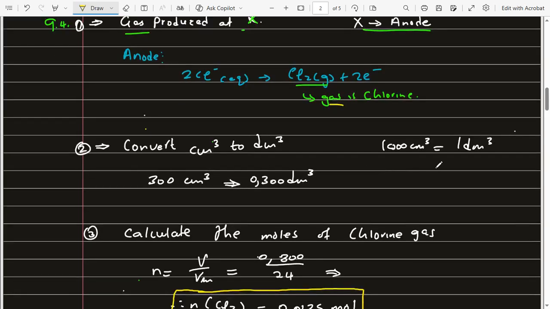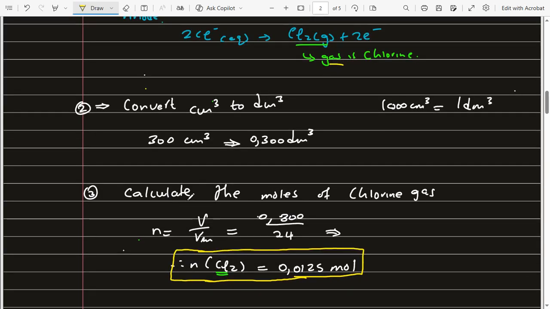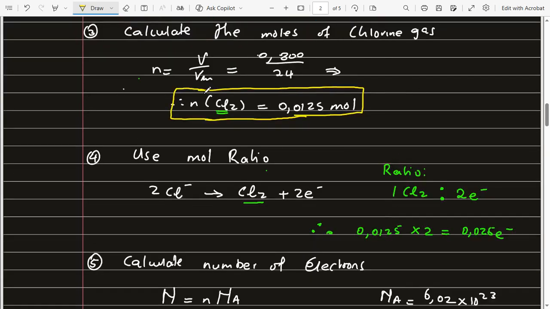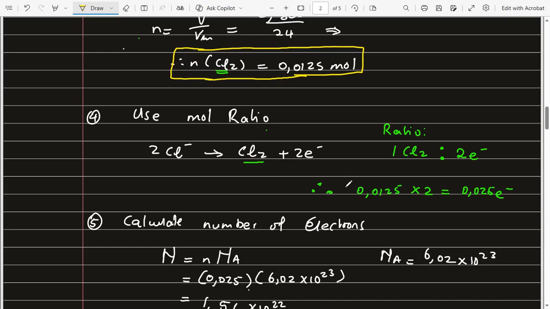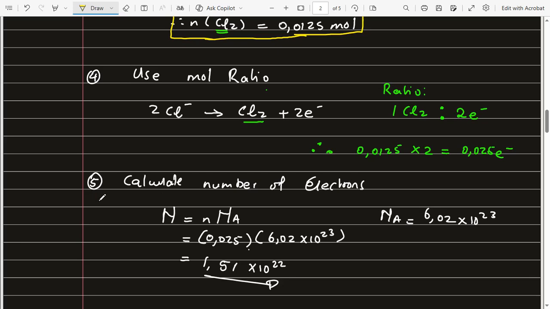Then we convert the centimeter to decimeter, then we calculate the number of moles of that gas. When you have the number of moles, you use the mole ratio to find the number of moles so that you can calculate the number of electrons.